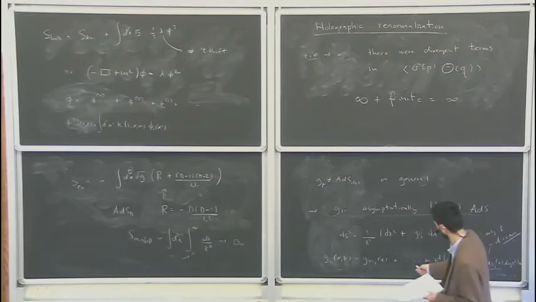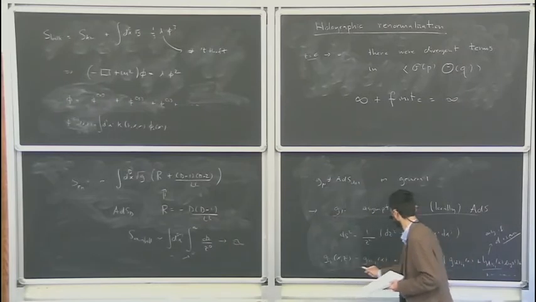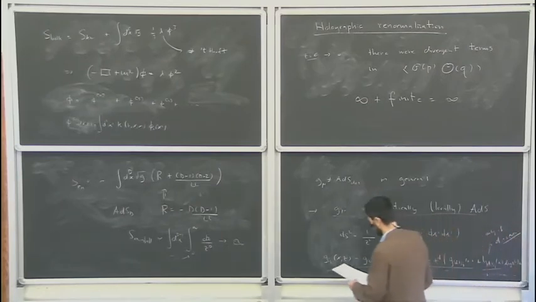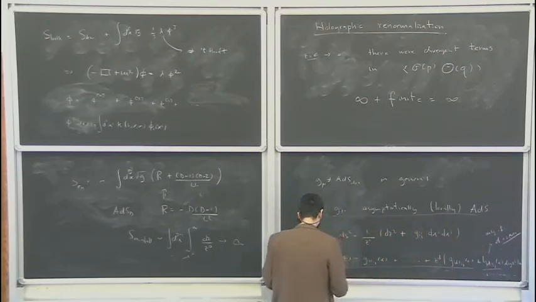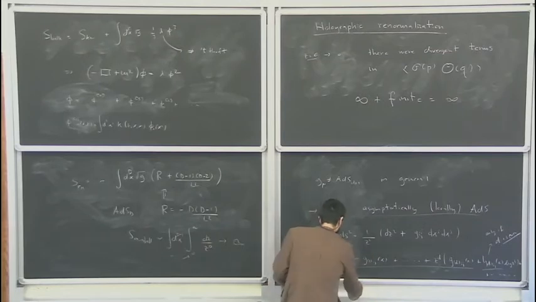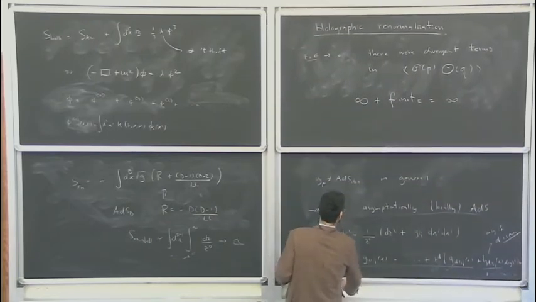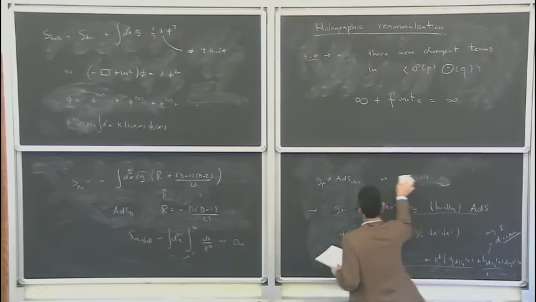In fact, if you compare this expansion here with the expansion of the scalar that we wrote, you can see that that corresponds, at least formally, to that kind of expansion by taking, so, let me write here.